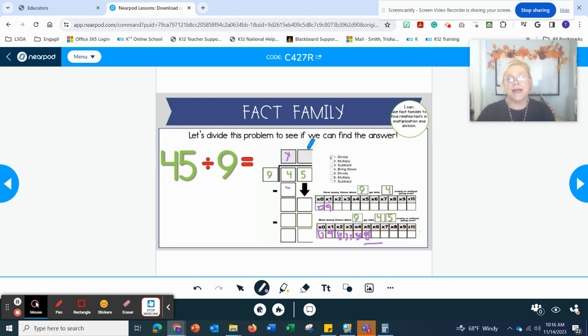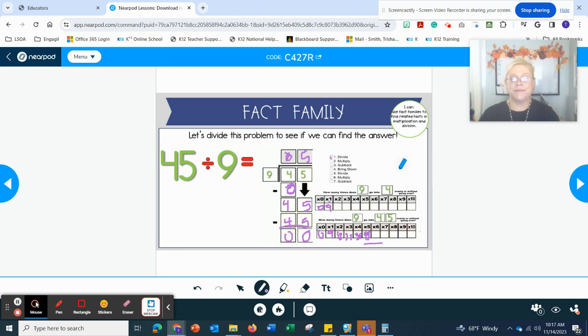So 9 times 5, we're bringing 0. We put our 0 right here. 45 minus 45 is 0.